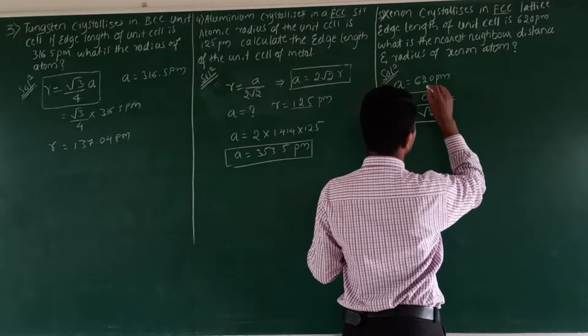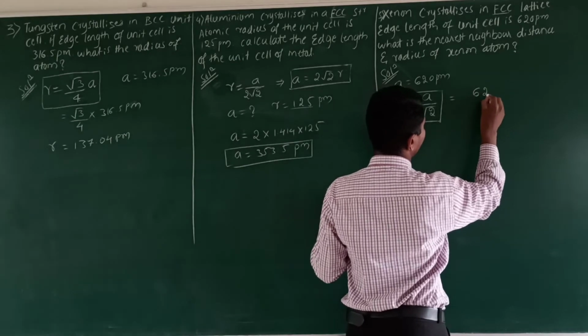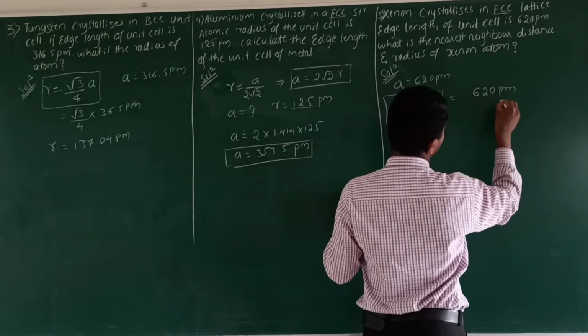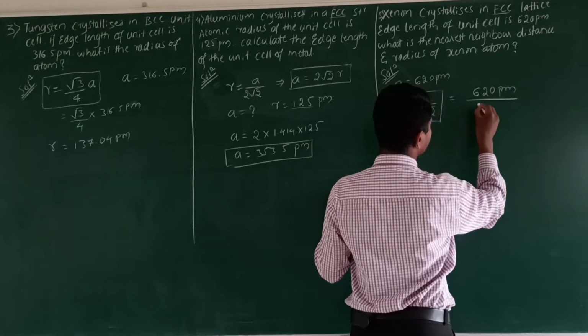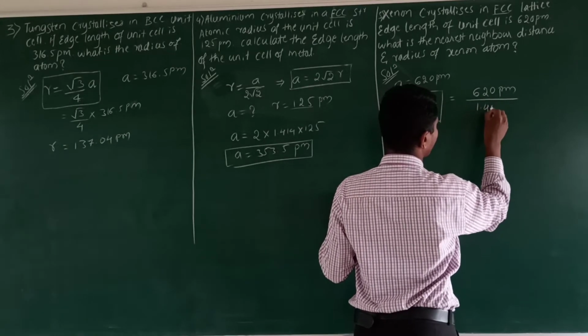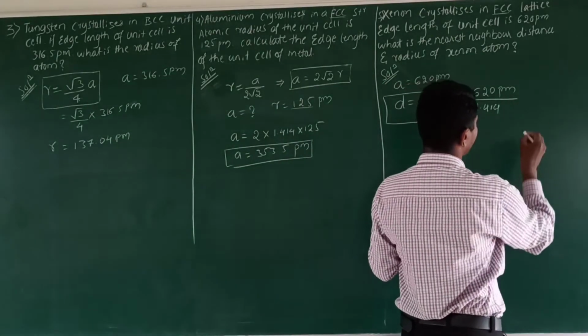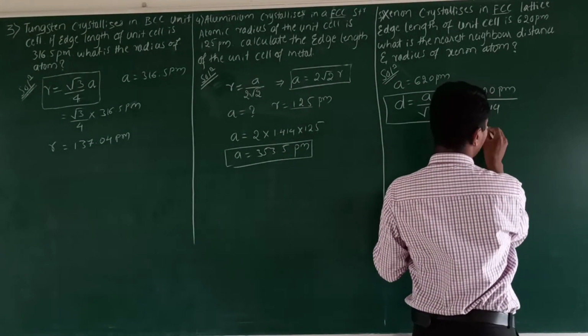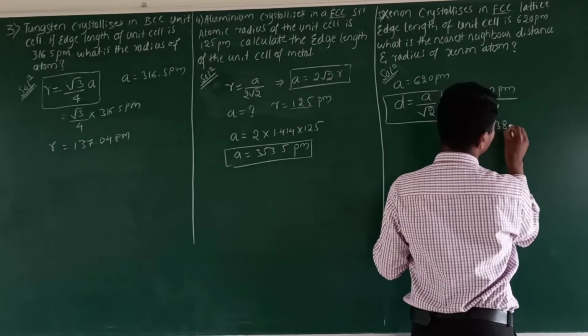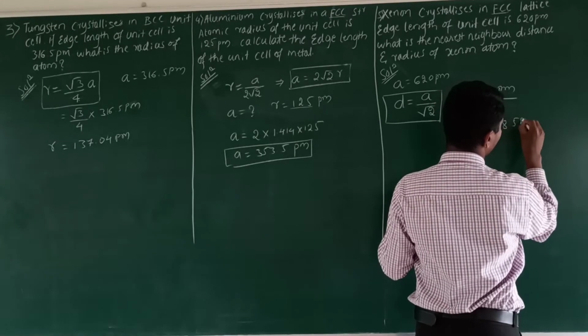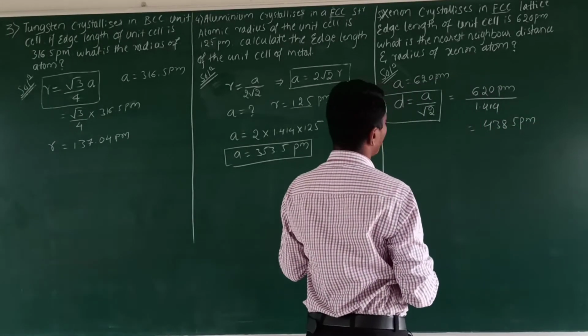Distance is equal to a, how much? Edge length is 620 picometer divided by root 2, which is 1.414, isn't it? We are getting 438.5 picometer.